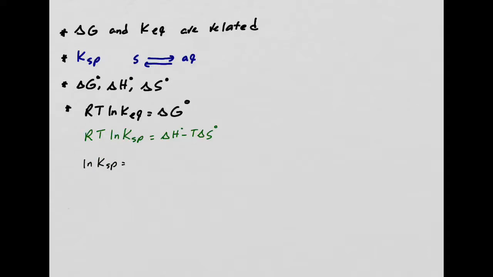If I do that, I rearrange it, and what I end up getting is minus delta H over R times 1 over T plus delta S over R. So I took this equation and rearranged it to solve for ln of KSP.